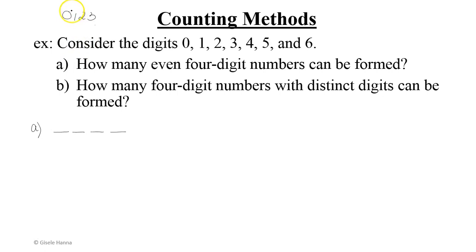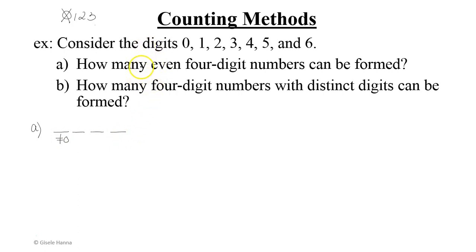So in order to have a 4-digit number, the first digit cannot be 0. So I have a restriction for 0 for the first digit. How many possible digits do I have for each of these 4 digits?